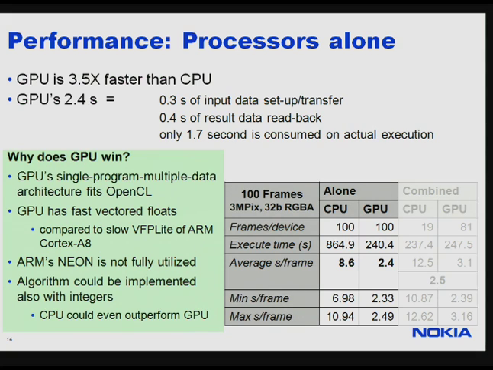The NEON instruction set was not used very well, and the algorithm was very floating point heavy. We have done some other measurements where we first converted the algorithm to fixed point, and in some cases the CPU was even faster than the GPU then.